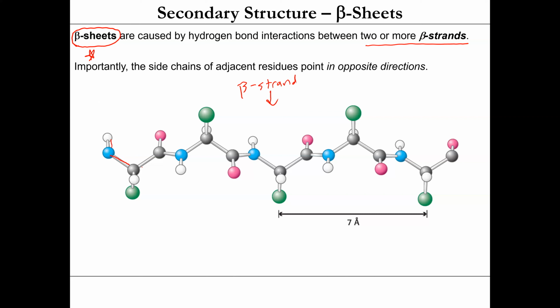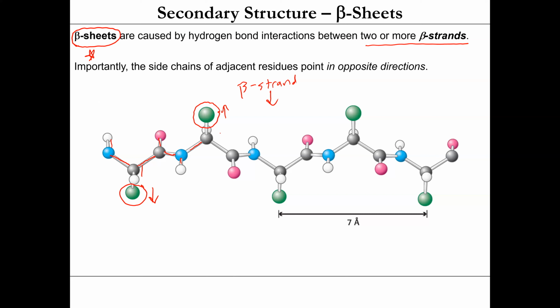You have the alpha carbon with the residue pointed downwards, as you can see here. Then you have the carboxyl group, amino group pointed in opposite directions. Then you have this alpha carbon with the side chain pointing up, and that basically continues from there on out.